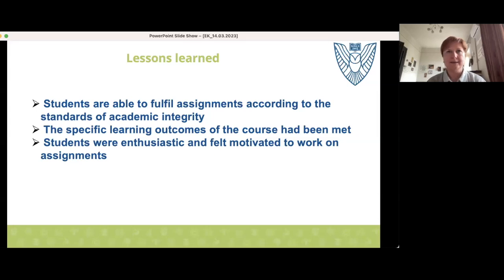In our case, they were the different ways and patterns of scientific communication, like poster presentation as well as case report. And during this experience, we found that students were enthusiastic and motivated to do these assignments.